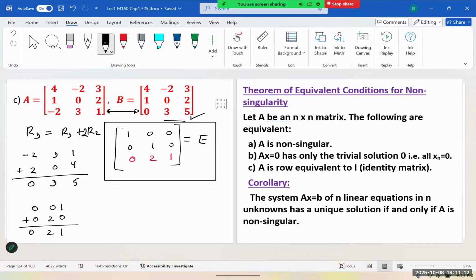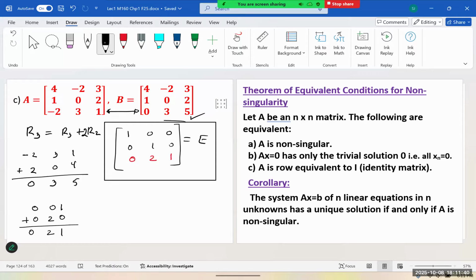And A is also row equivalent to the identity matrix. So by combining these, a square matrix is non-singular if the homogeneous system of equations has only the trivial solution and A is row equivalent to the identity matrix.